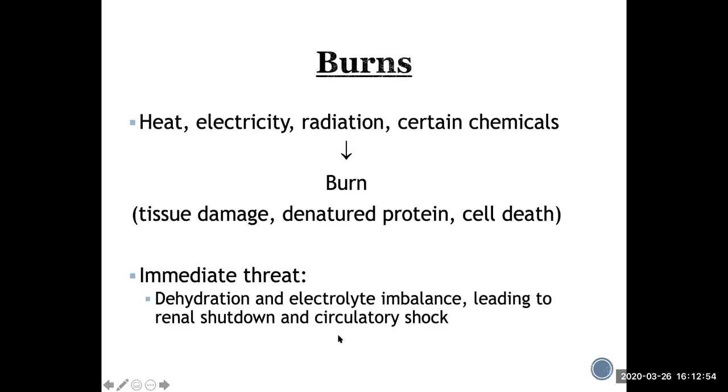So having the salts that your body needs to function properly, and then the fluids, of course, water, that homeostasis will be disrupted, and that will actually kill you because it'll shut down your kidneys. So renal shutdown is your kidneys failing and going into circulatory shock. So your blood pressure basically going to nothing.